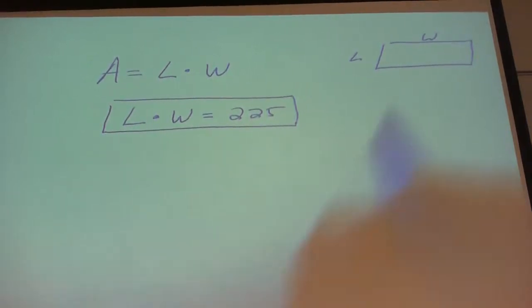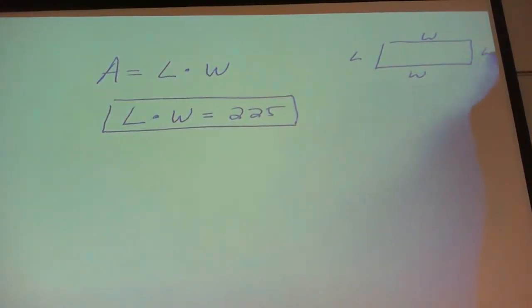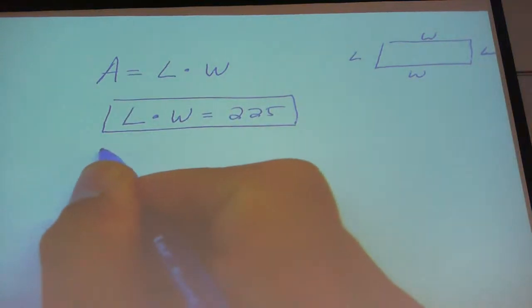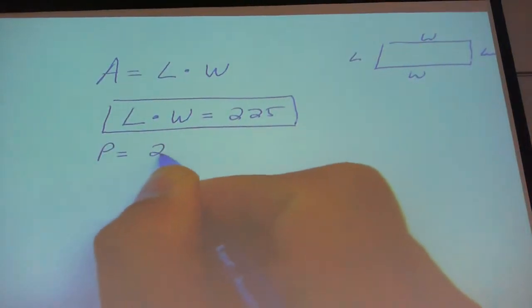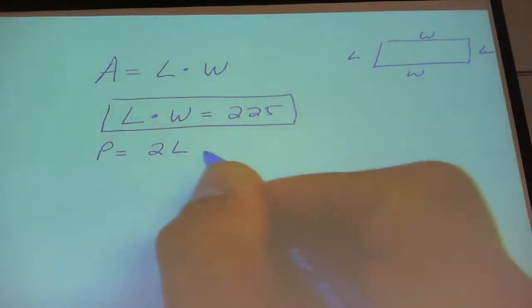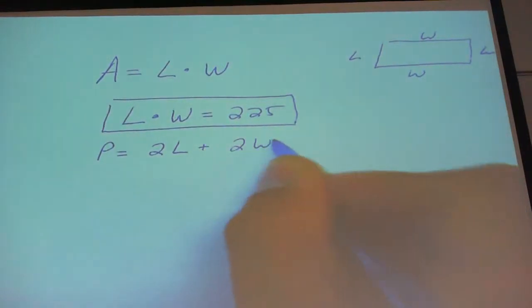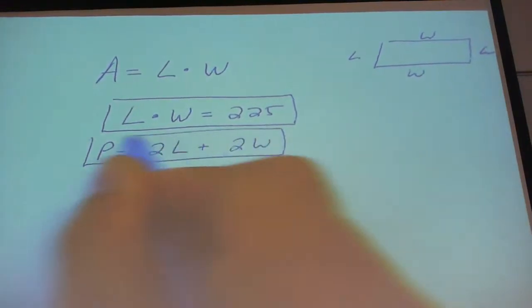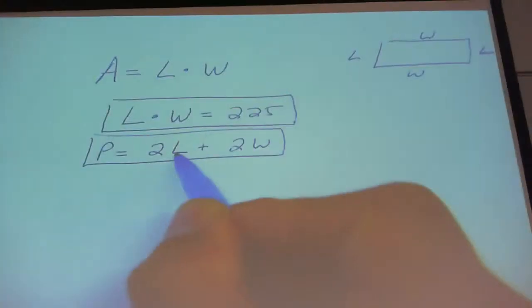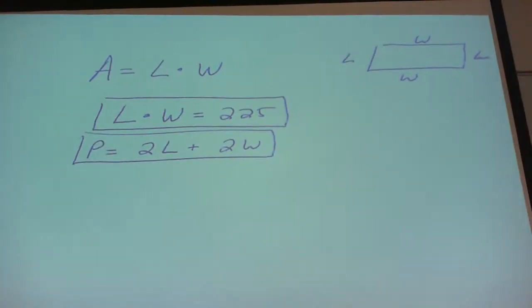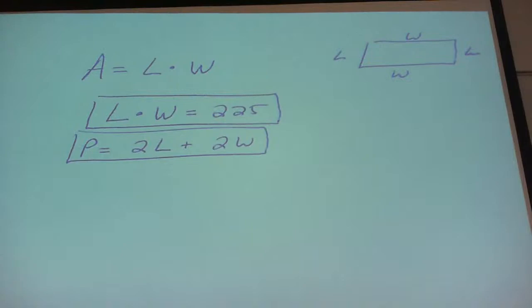And if it's a rectangle, we know that the perimeter would be 2 times L, there's 2 L's, plus 2 times W. The perimeter, which is 2 L's plus 2 W's. Does everyone see how we got those two equations?